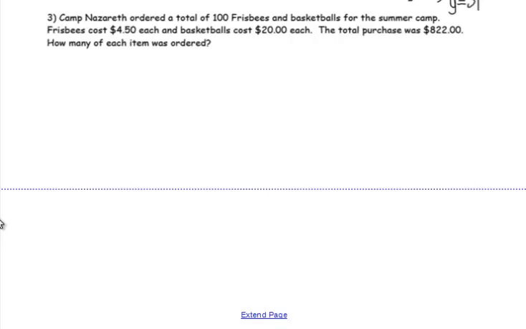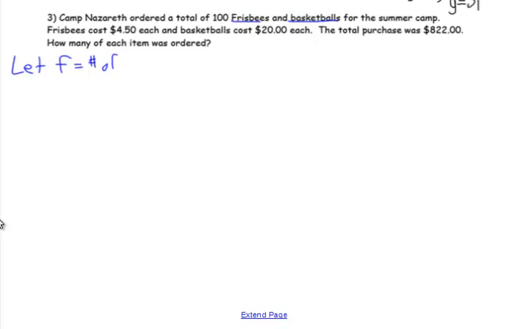So we've got frisbees and we've got basketballs. So we got to make some variables here. So let's let f equal the number of frisbees, and let's let b equal the number of basketballs.